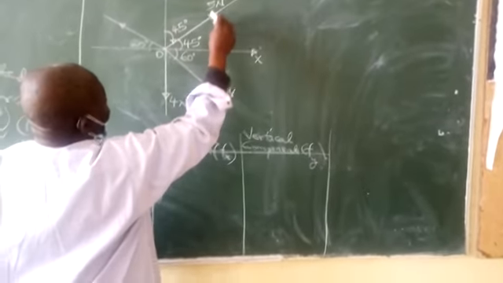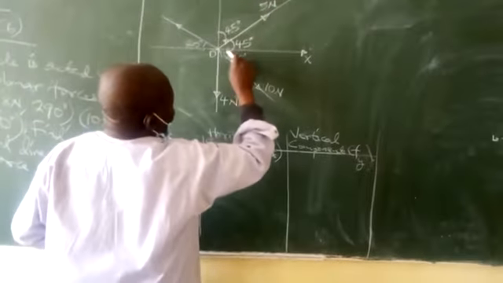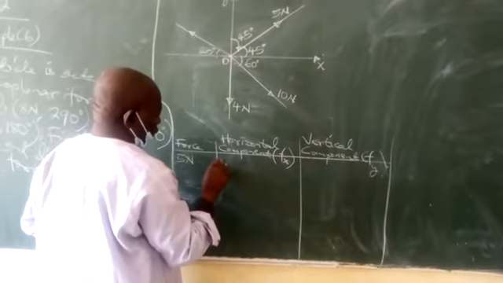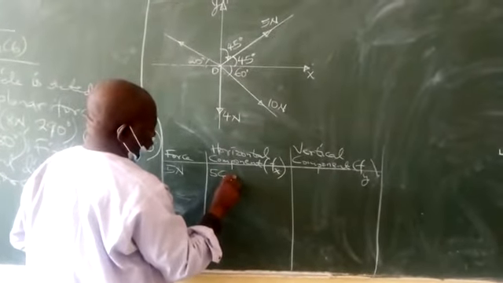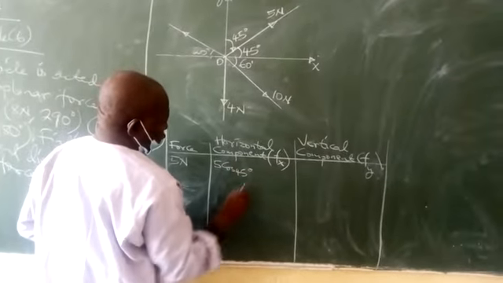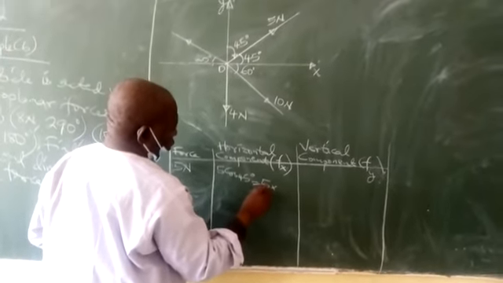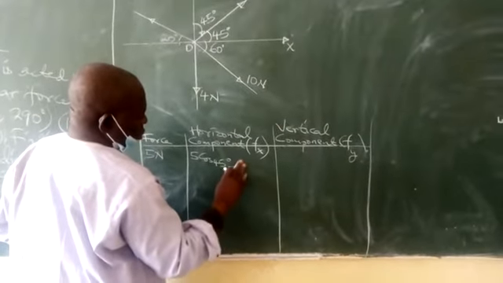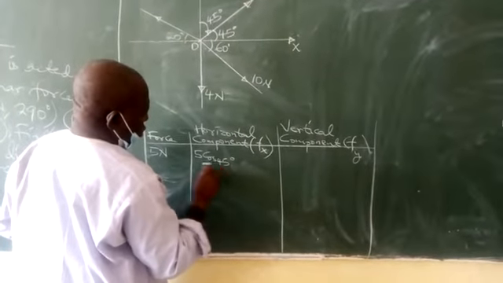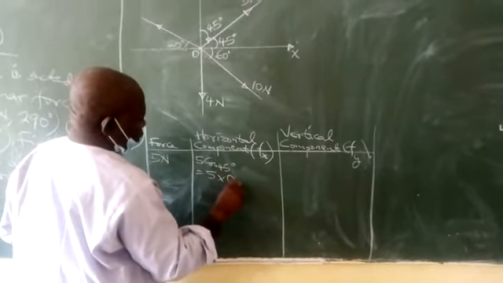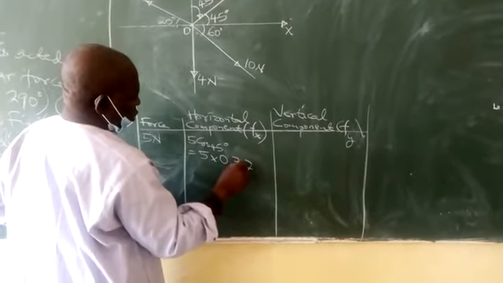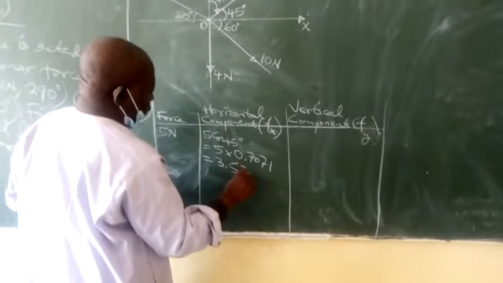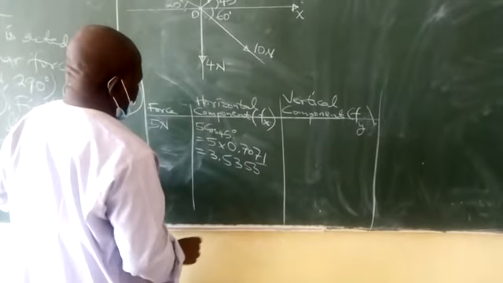So we resolve it: the horizontal component is going to be 5 cos 45 degrees, which is 5 times 0.707, that is 3.5355.